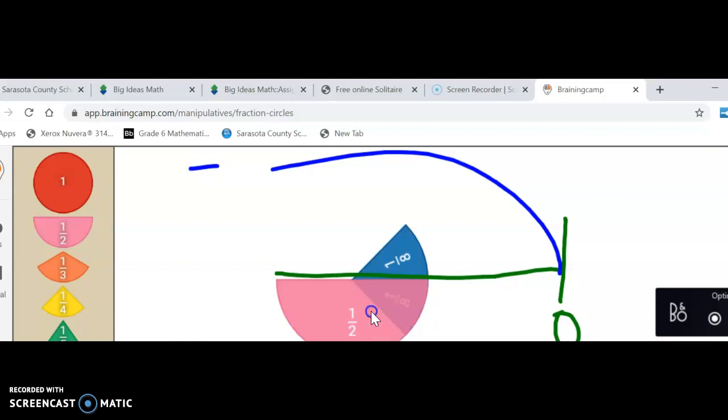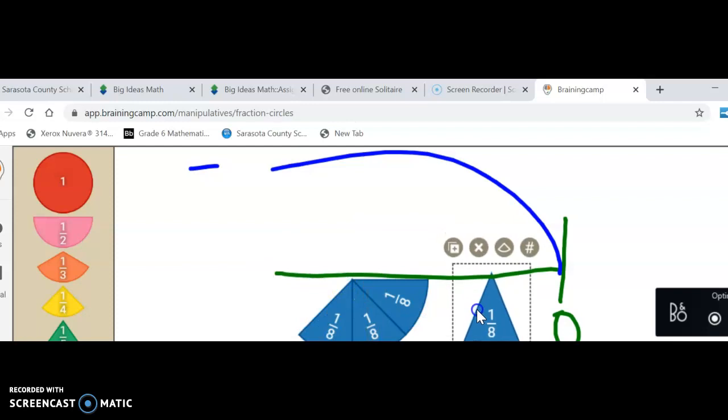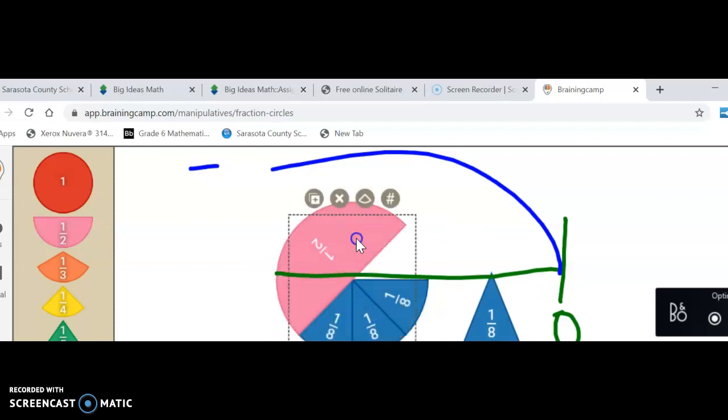Here's our 1/8. I'm going to kind of pull this in. There we go. And we can see that our 1/2 is going to be smaller than our 1/8 by a considerable amount.